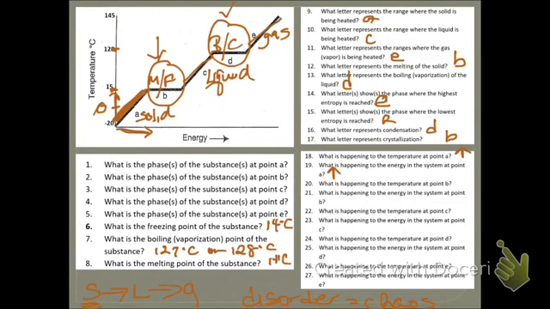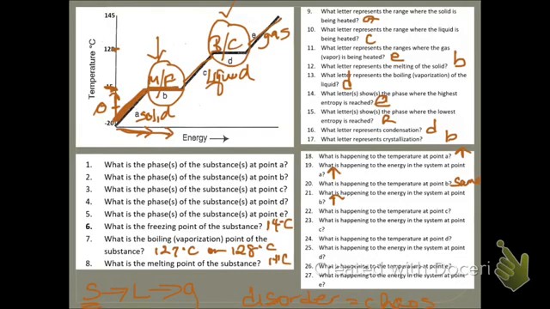What is happening to the temperature at point B? At point B, we see that there's no increase in temperature, so it stays the same. What has happened to the energy? Well, as the temperature stays the same, we're still moving forward with that energy. So the energy is still increasing.